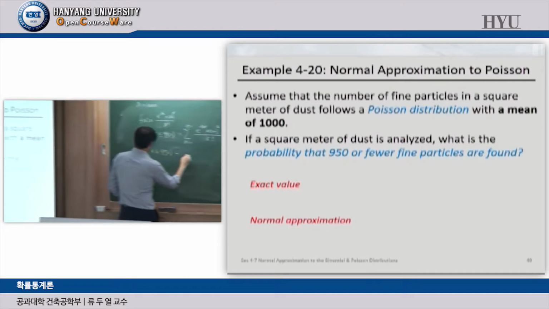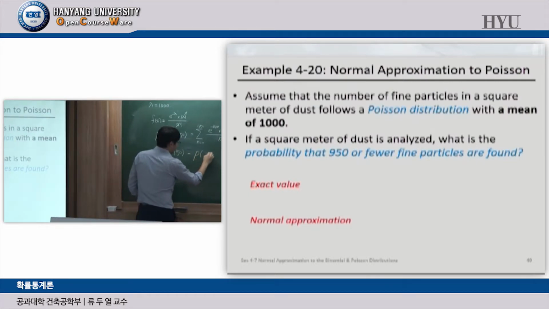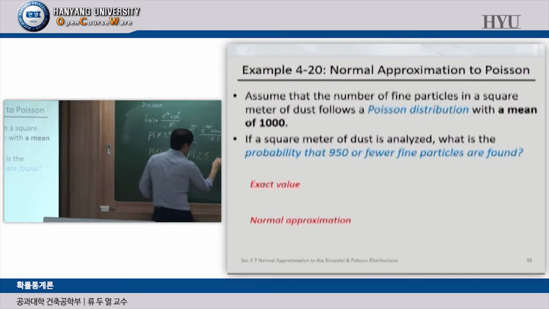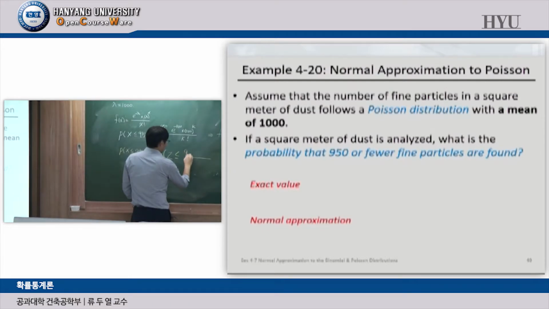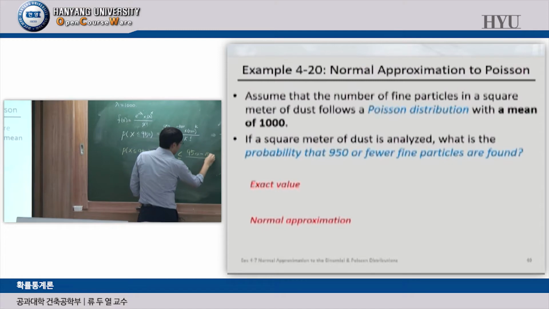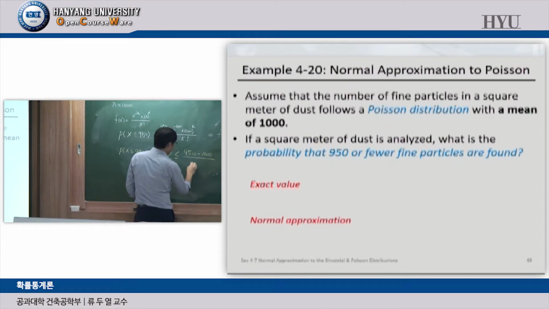So this will be the probability of Z when Z is smaller than or equal to (950 minus 1000) over root 1000, right?